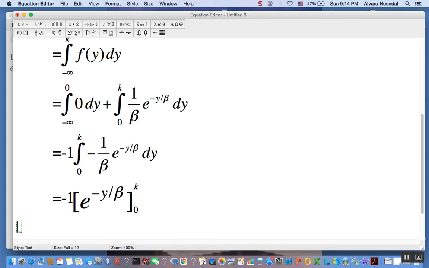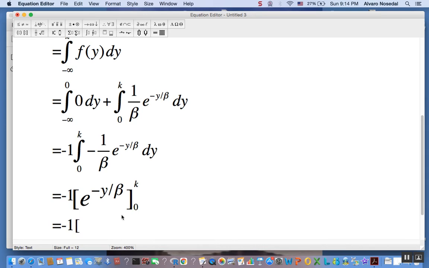Okay, so no problem. So we have a negative 1 there multiplying outside, and then we have e to the negative k divided by beta, right? Oh, negative k, because we're evaluating at k, right?